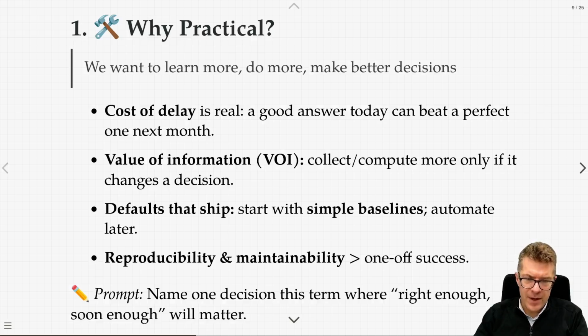Finally, reproducibility and maintainability can be more important than having one-off successes. Suppose you have developed a statistical tool, a data science tool, that one day, using a particular configuration on a particular set of data, gives you perfect performance or as near to it as you can possibly obtain.